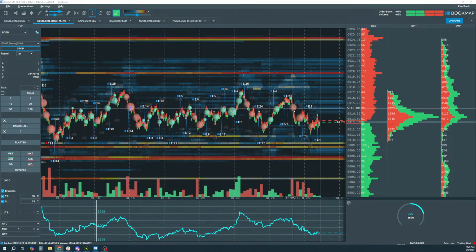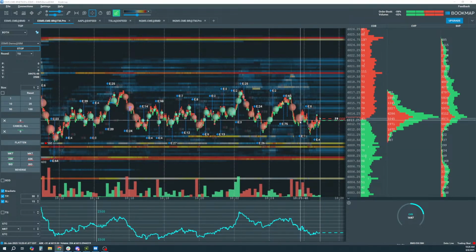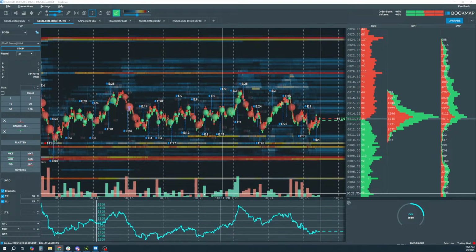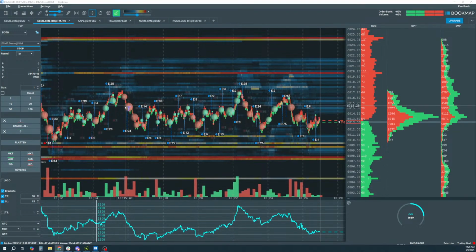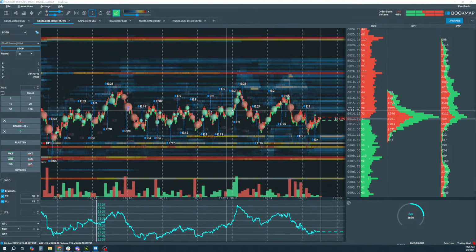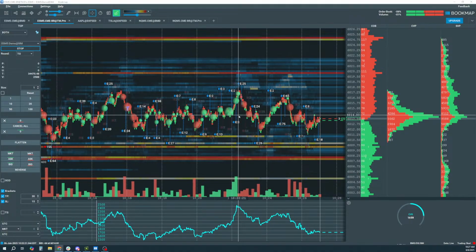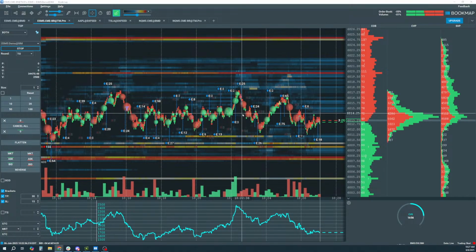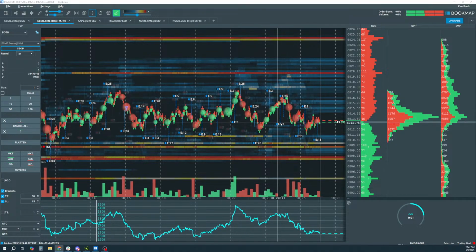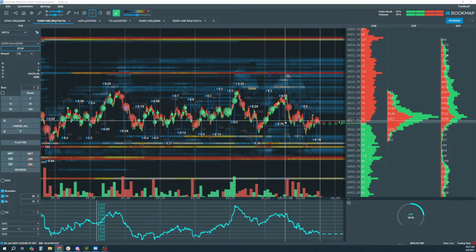All right, starting to see more sellers coming back in though. Okay, but it's really choppy in here. Look at the volume dots. Look at the size of them and look at the color of them. So we don't really have much of an edge using the low volume pullback, that's for sure.